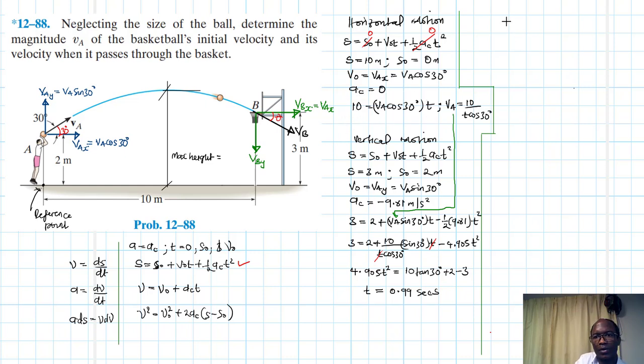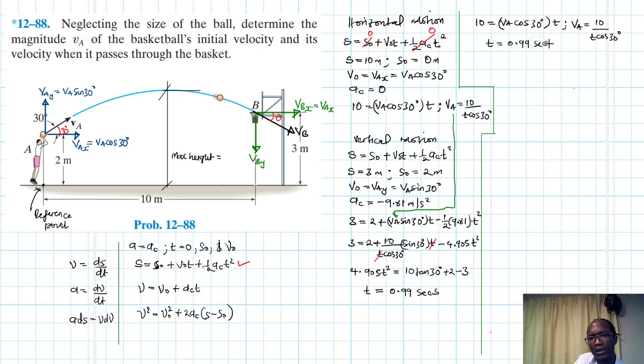We said 10 is equal to VA cos 30 times T, and therefore VA is equal to 10 divided by T cos 30.